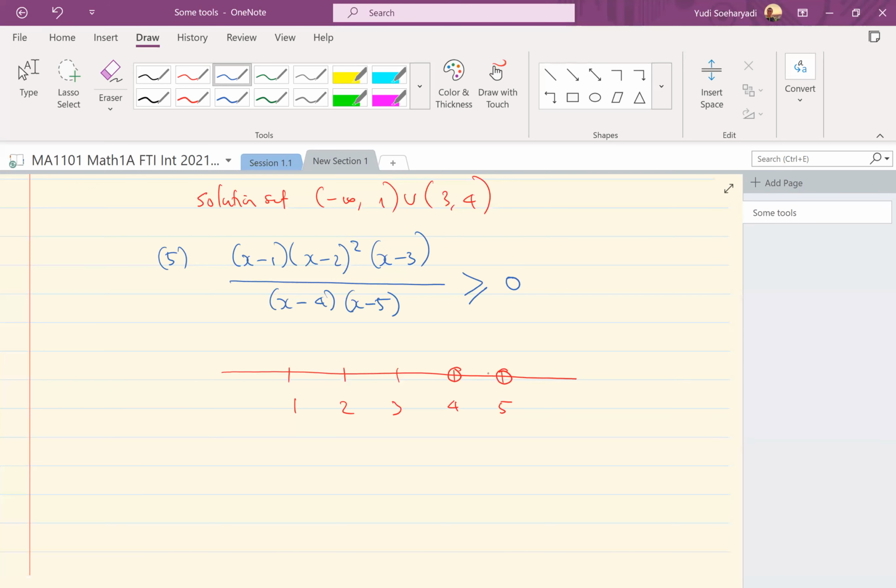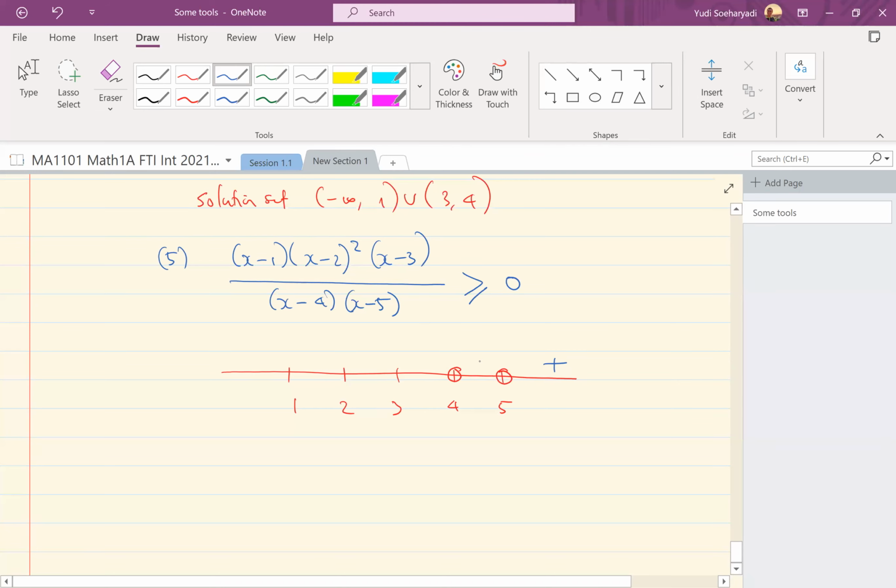Okay, now check the sign chart. The sign would be, to the right of 5, 5 is the rightmost of the numbers there. So everything else here is positive. Across 5, now you see that you have to find the power here. If the power is even or odd, that makes a difference. Okay, so across 5, it will change sign.